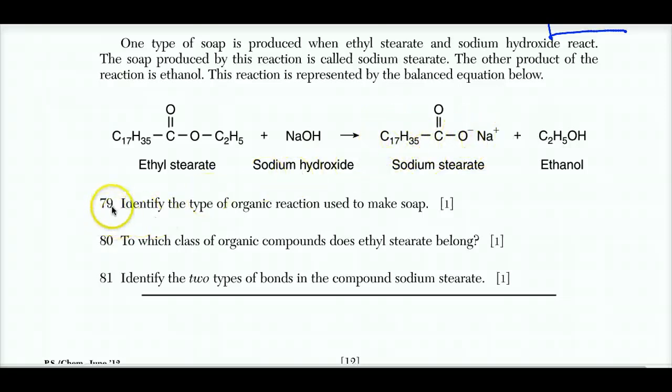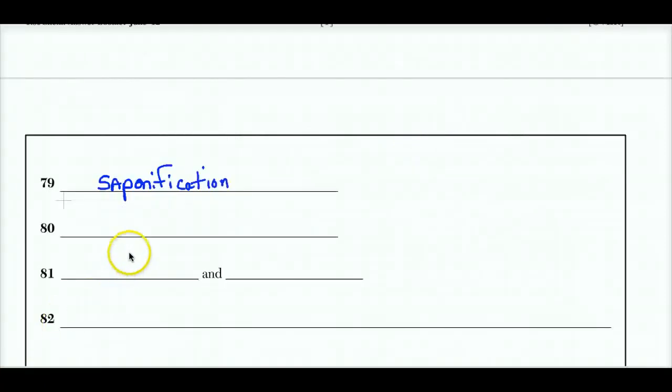In any case, saponification. Let's go to the booklet. There it is, saponification. Cleaving a fat or an ester in a fat into the soap molecule with a polar and nonpolar end.